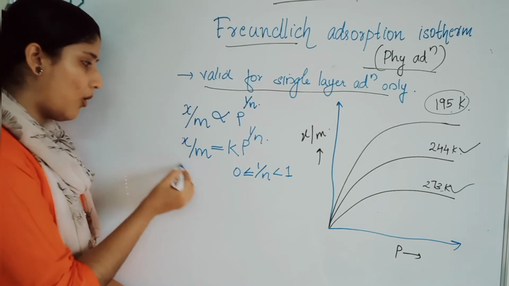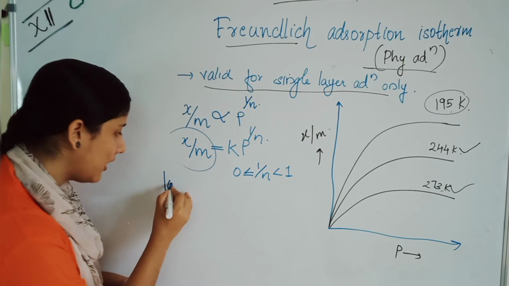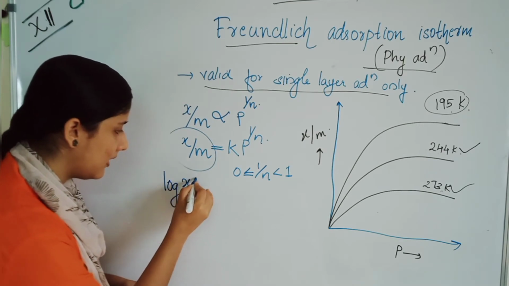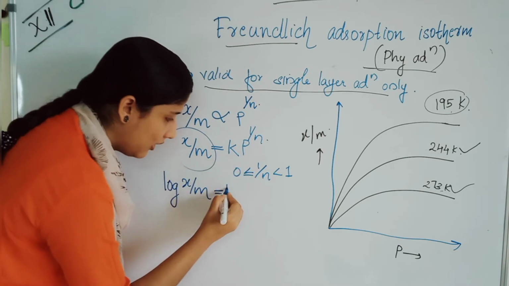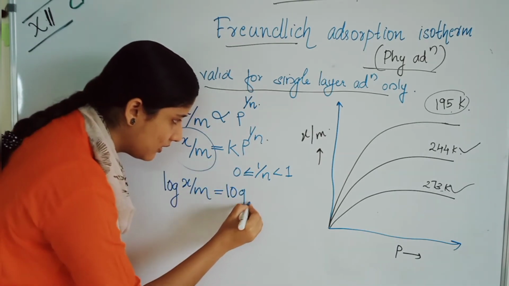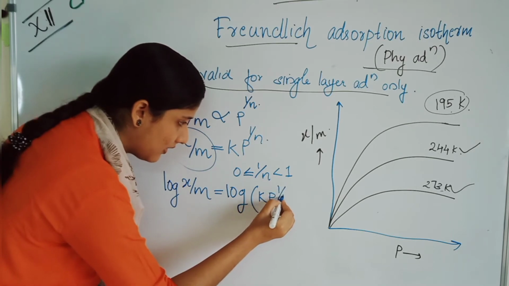If we give log to both sides, what happens? Let's look. Log x by m is equal to, here, log of what? k P raised to 1 by n we can write, isn't it?